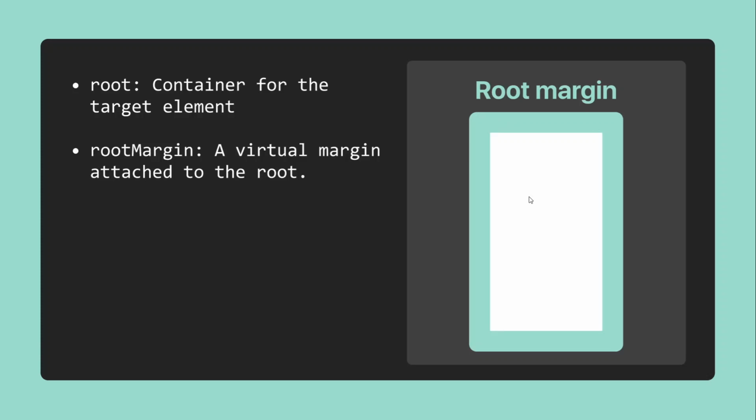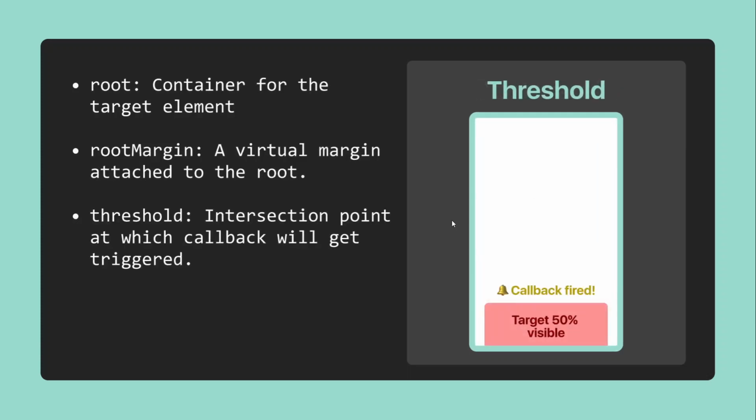The third option is the threshold. This threshold is the percentage of the target's visibility at which point the observer's callback gets executed. So for example, if you want the callback to be triggered once 50% of the target is visible, you set the threshold to 0.5. The threshold value ranges from 0 to 1, 0 being 0% and 1 being 100%.